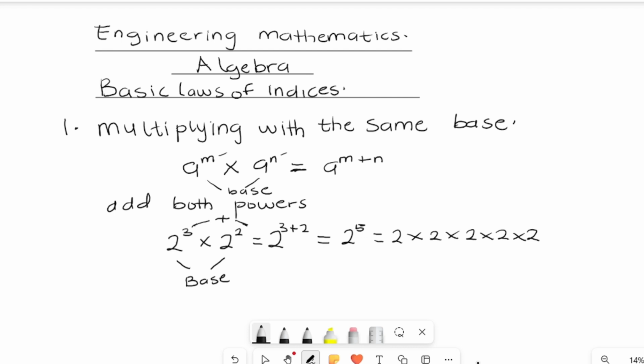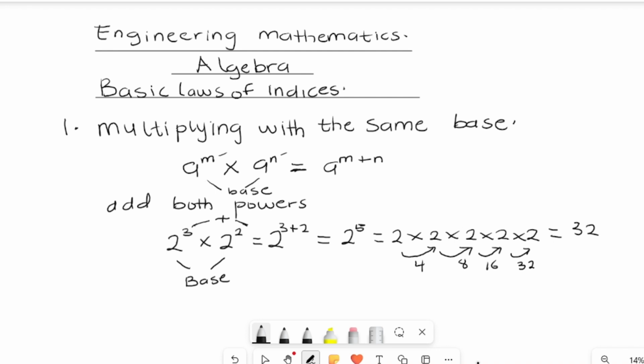That's 2 in 5 places. So for us to get our final answer, 2 times 2 will give us 4. 4 times 2 will give us 8. 8 times 2 will give us 16. And 16 times 2 will give us 32. So our answer is 32.